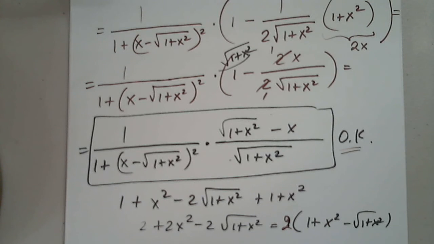Do we get the idea how to differentiate arctangent, arccotangent, and arcsine? Arcsine, arccosine, and arccotangent. Do we understand how to do this? Do you think we need more examples? Can we do a little more?